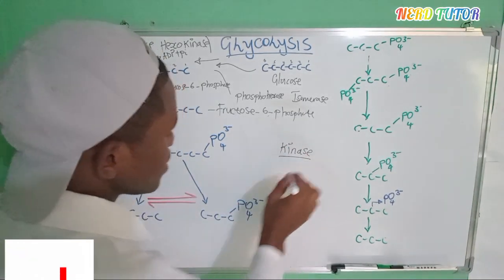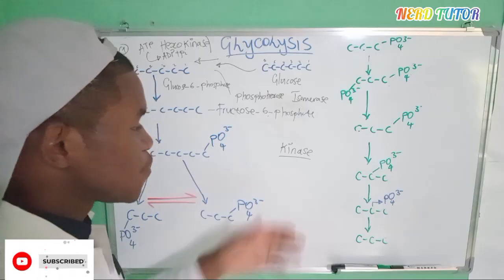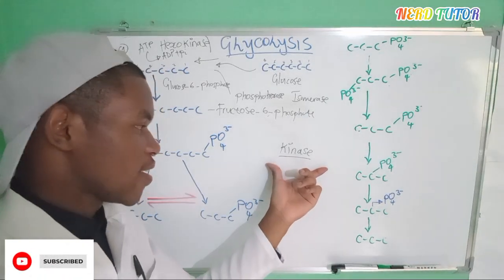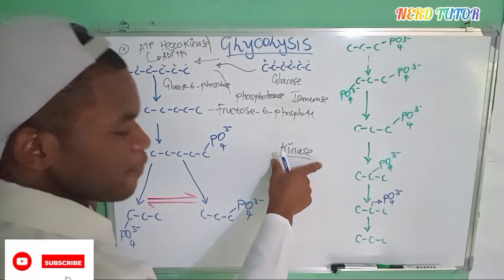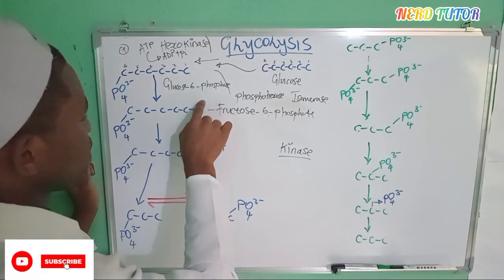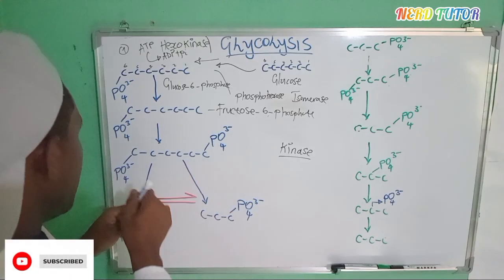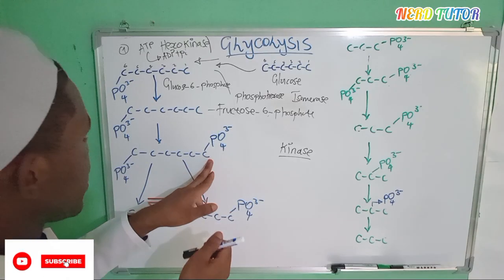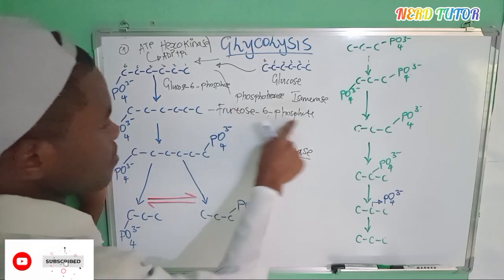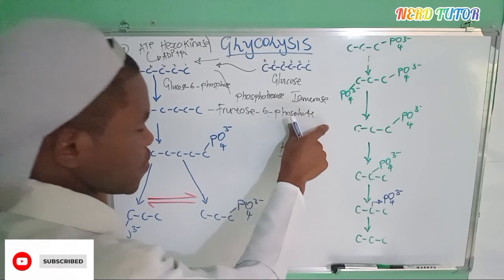This name means it is an enzyme that carries a phosphate from a high energy donor. It could be ATP. Here we didn't have a phosphate, but here we're having a phosphate, meaning a phosphate had been introduced and attached to carbon number 1 of this same molecule of fructose 6 phosphate.